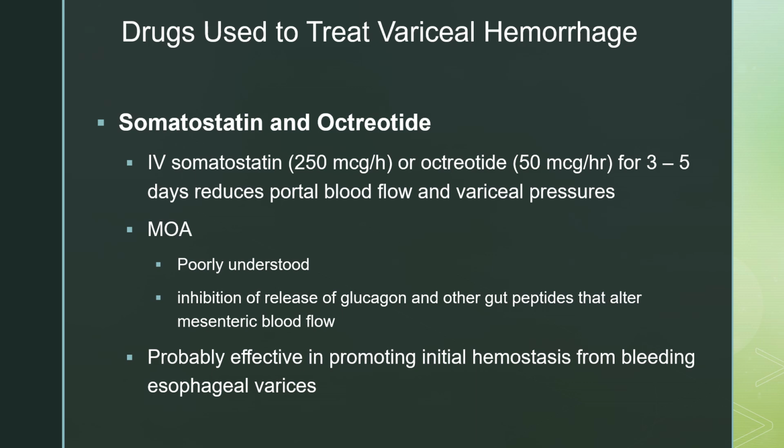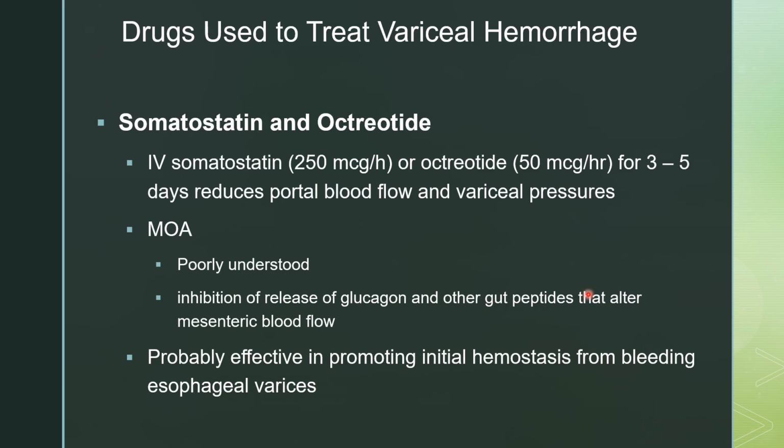So what are the drugs? You can use your somatostatin and your octreotide. Your intravenous somatostatin at 250 micrograms per hour, or your octreotide at 50 micrograms per hour, for 3 to 5 days reduces portal blood flow and variceal pressures.